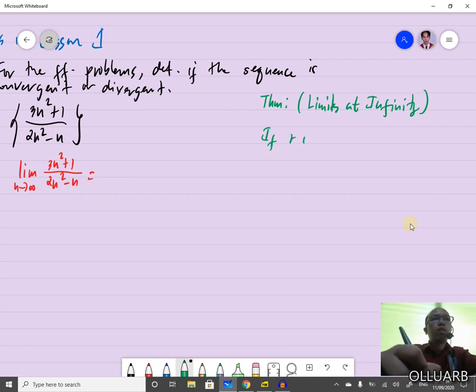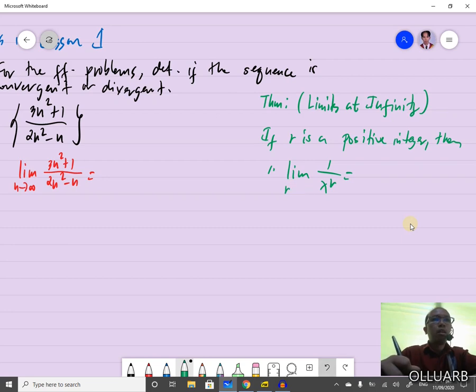If r is a positive integer, then number 1, the limit of 1 over x to the r, as before I wrote it as r approaches positive infinity, but I made a mistake. This is as x approaches positive infinity. This is 0, and the same is true for number 2, 1 over x to the r if x approaches negative infinity. It's also 0.